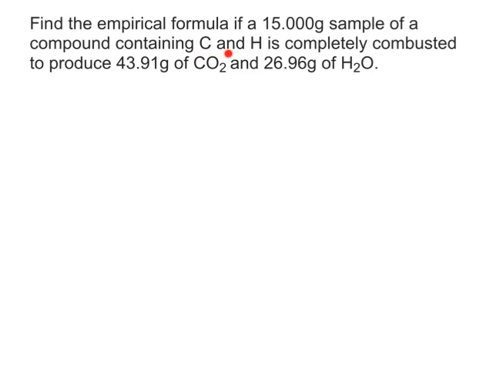It contains only carbon and hydrogen, so I don't have to worry about oxygen, nitrogen, or sulfur. So this is a fairly simple one, just those 2 things. And the 15 grams produced so many grams of carbon dioxide and so many grams of water. So I'm going to write out what I know.